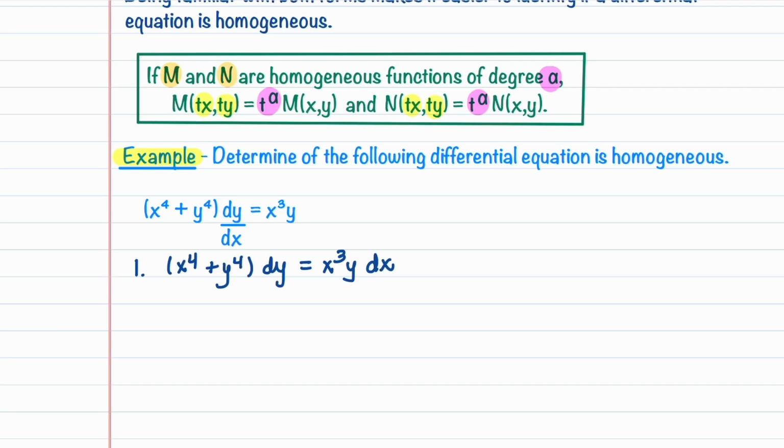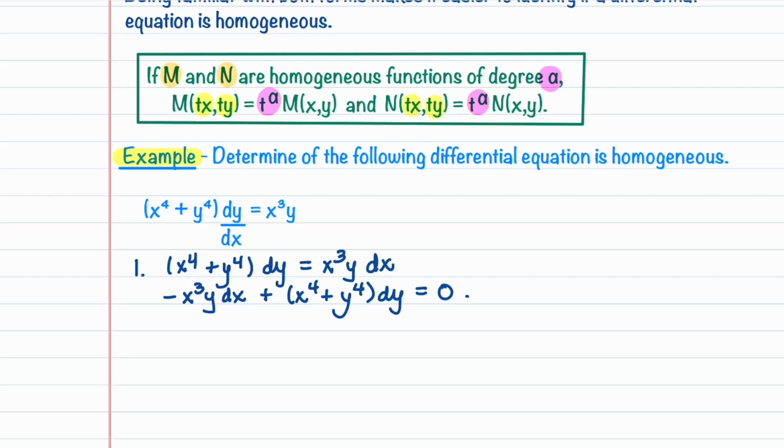Let's pull the dx over to the left, and we get minus x^3 y dx plus (x^4 + y^4) dy equals 0. I just wanted to do that so this form matches our general form.